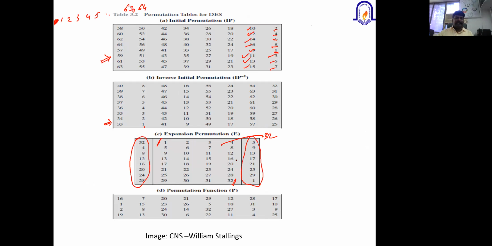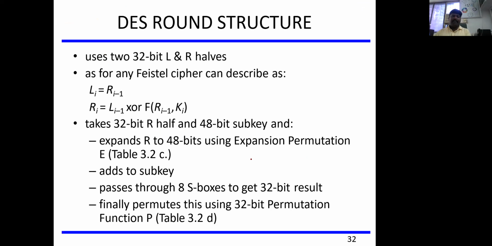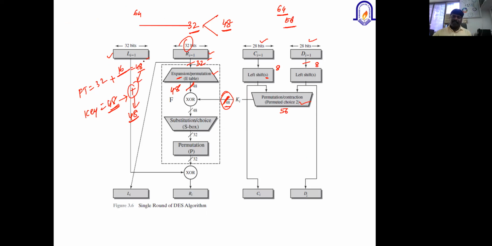Some of the bits are repeated twice, so 32 plus 16, I get 48 bits. With the help of this expansion table, my 32-bit data has been expanded to 48 bits.